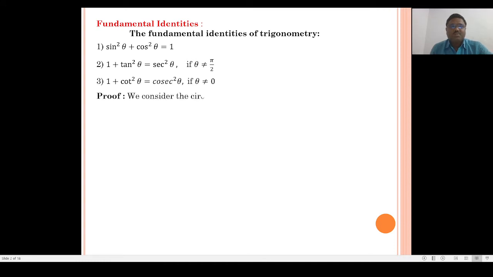So we see proof of these identities. We consider the circle with center at origin and radius 1 unit, that is the standard unit circle.